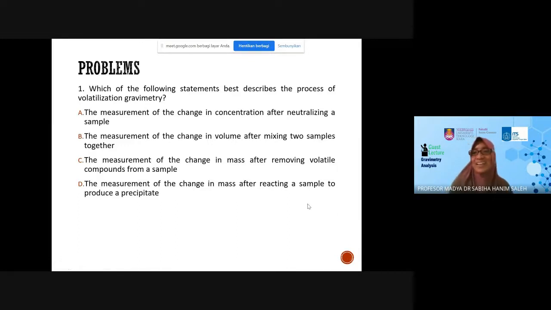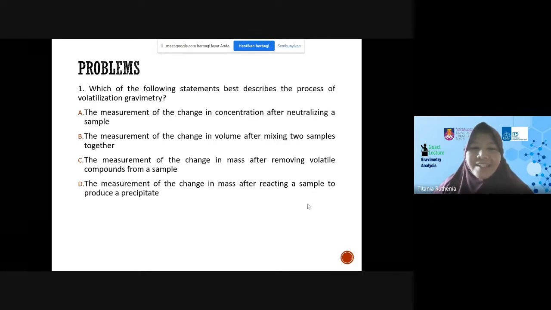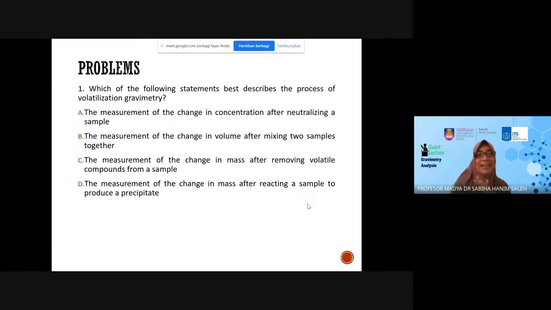Okay. Hamiza, do you have any questions? No, madam. Okay, good. Are you sleeping now? Because it's a critical time, after lunch. Yes, sleepy. Actually, this time is my lecture time. So anyone want to ask?